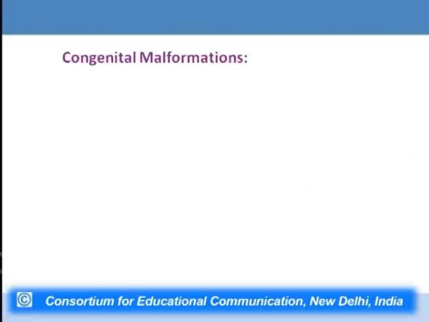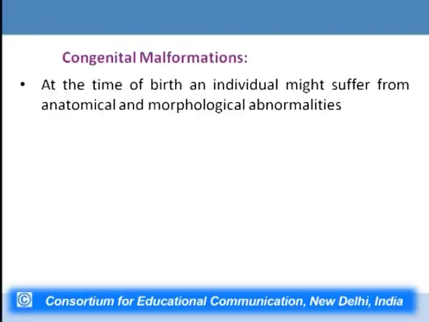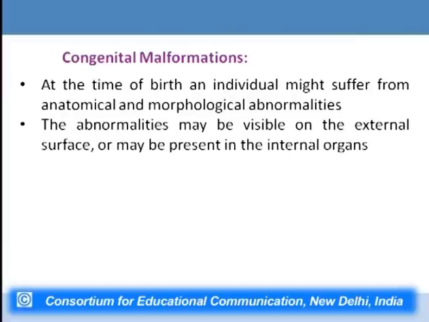So what exactly are malformations? At the time of birth, if an individual suffers from anatomical or morphological abnormalities, it will be termed congenital malformation, because the individual is born with these malformations right from birth. So it is congenital, that means it is born along with the individual.